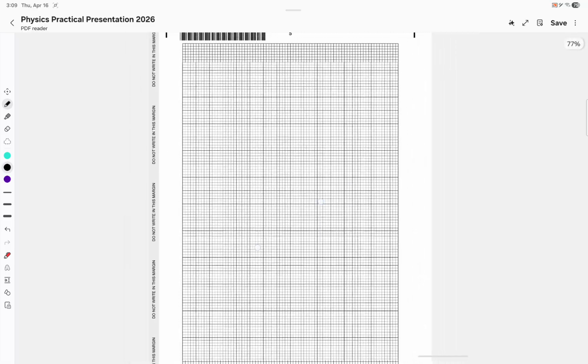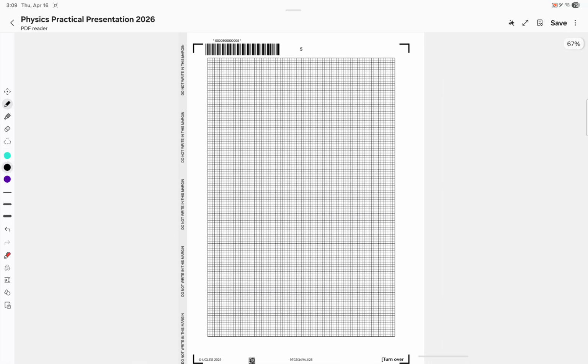First of all, this is a Cambridge paper, taken from the May June 2025 series, the latest exam series, and this document is exactly the way it will be provided to you. The graph paper will be attached in the question paper. It is not given to you as loose sheets.